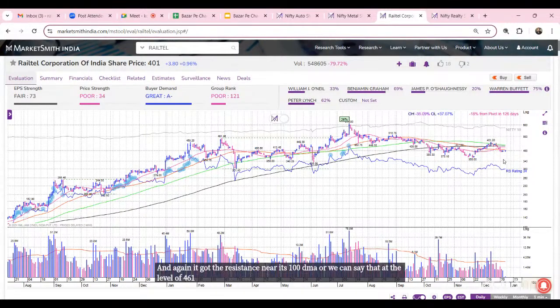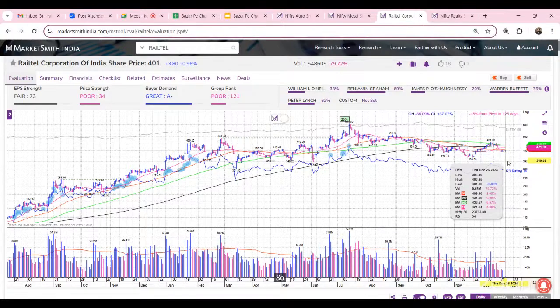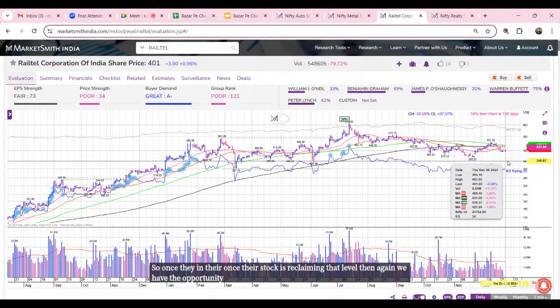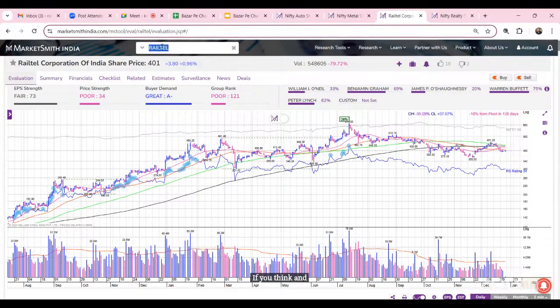And then the next leg of correction started. As of now, it is 8 to 9% away from its 100 DMA. Once the stock reclaims that level, we have the opportunity to enter. But as of now, I would not suggest buying it, or you can take it on your watchlist if you think so. And the next one is Texrail.